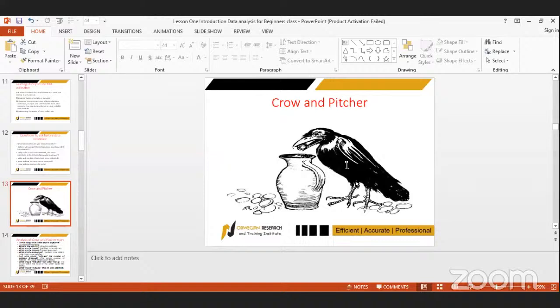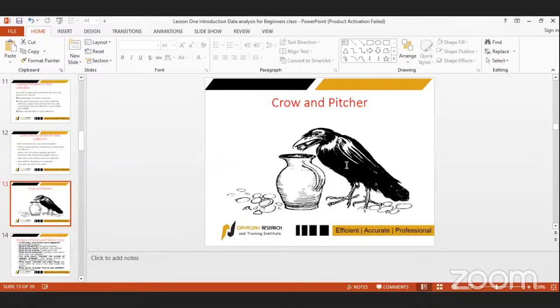A crow was very thirsty one day and he came across a pitcher with a little water in it, just as you can see from our diagram. But he could not reach the water with his beak. So the crow thought for a moment, and then he decided to look for a way out, on what he could do so that he can raise the water level to be able to drink this water.